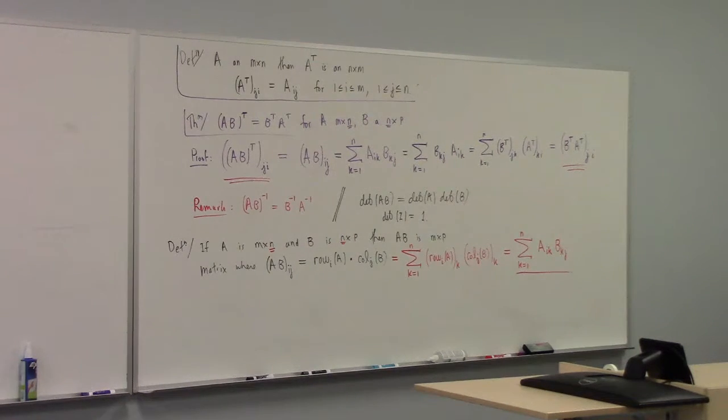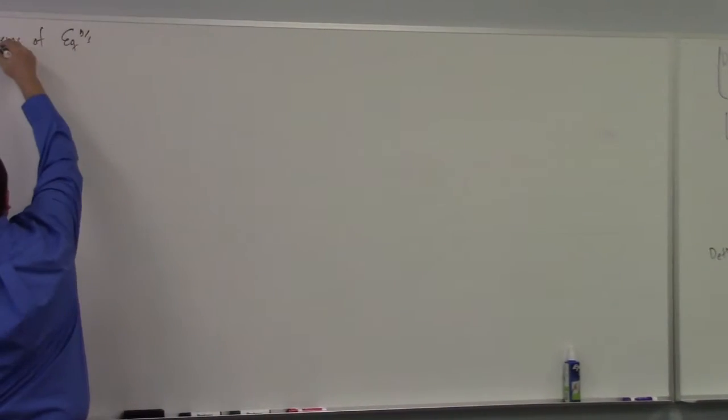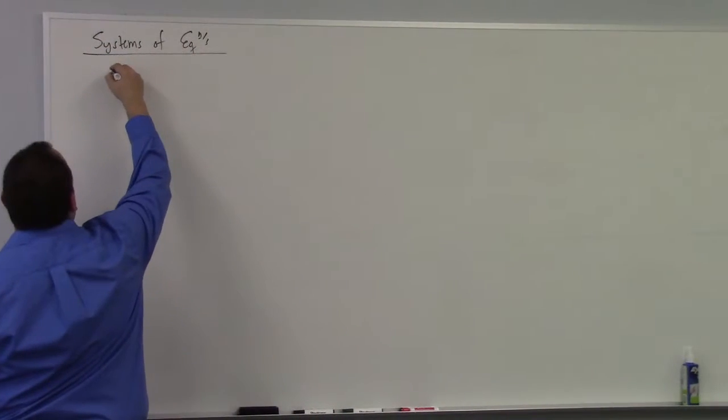All right. So now that we've gotten our feet wet and got some notion of what a matrix is, how to multiply them, what their columns and rows are and all that, let's talk about systems of equations. So, of course, an algebraic system looks like what?